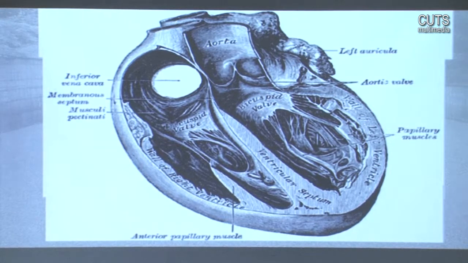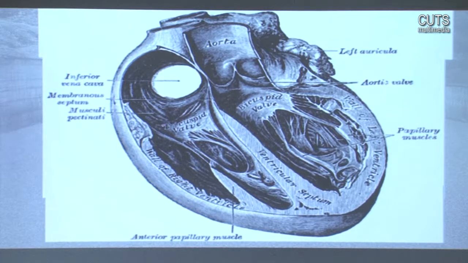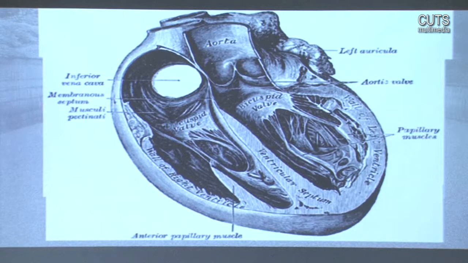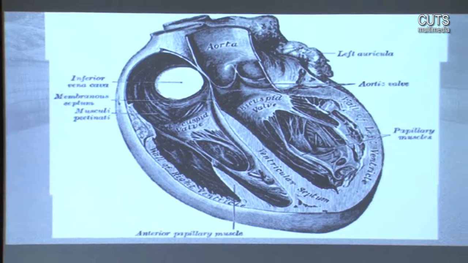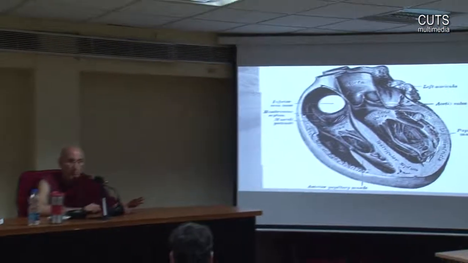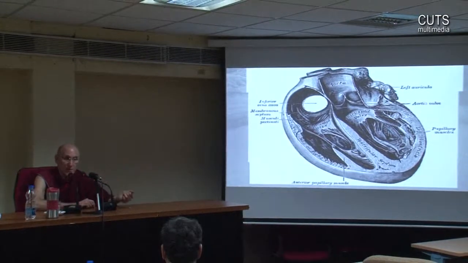Okay? It's basically regular, but with some irregular extra beats coming, either VPCs from the ventricle or APCs from the atrium. That's one kind of irregular heartbeat, where it's basically regular, but there are some extra beats.